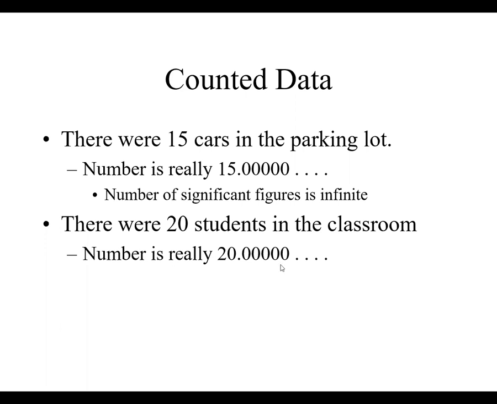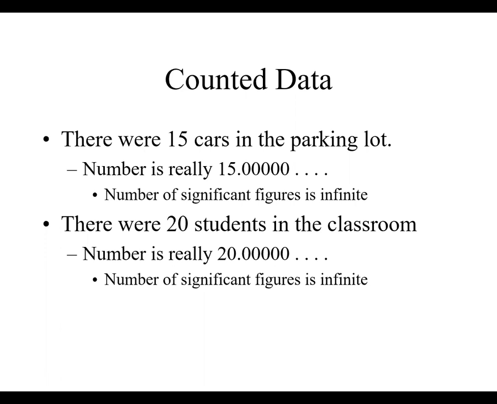We know that zeros after a decimal are significant if they're preceded anywhere in the number by significant digits. And there is an infinite trail of zeros, so we have an infinite number of significant figures. So it's true whether it ends with a non-zero digit or with a 0 digit.